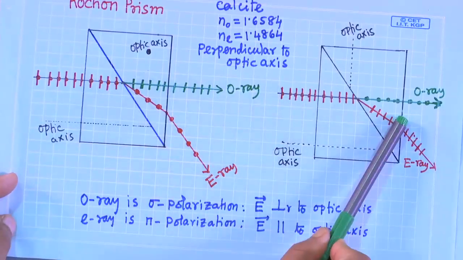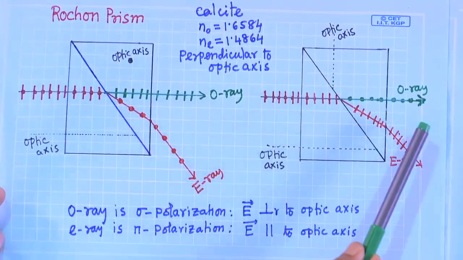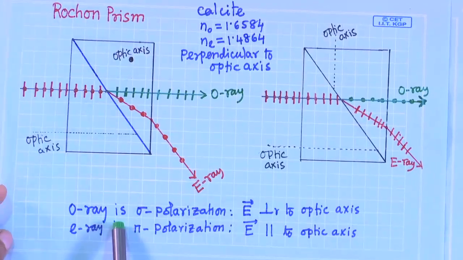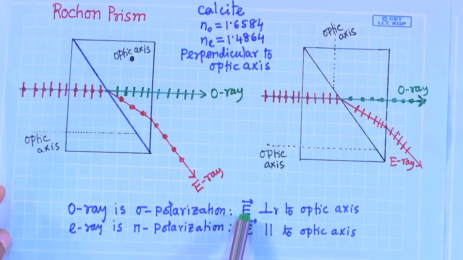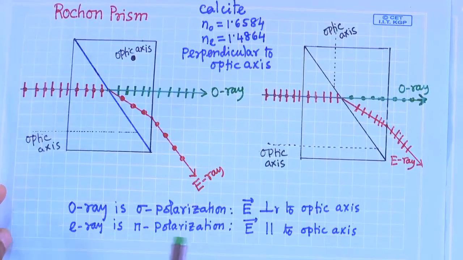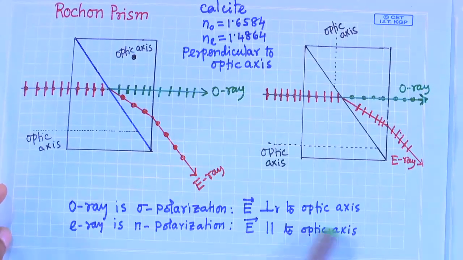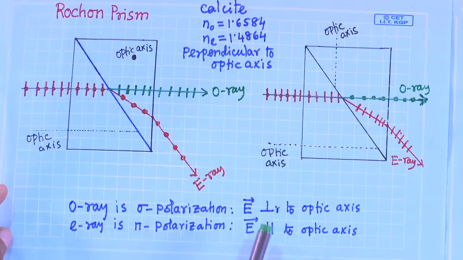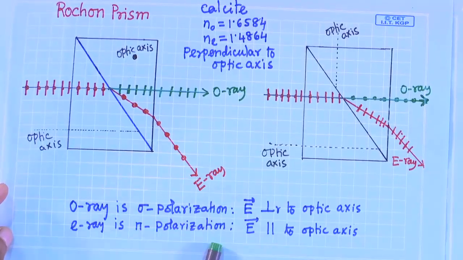That is because of the direction of the optics axis. Okay. So, the O ray is basically sigma polarization, and in that case the electric component is perpendicular to the optics axis. The E ray is pi polarization, and the electric component is parallel to the optics axis. So, this way also we define the sigma polarization and pi polarization.